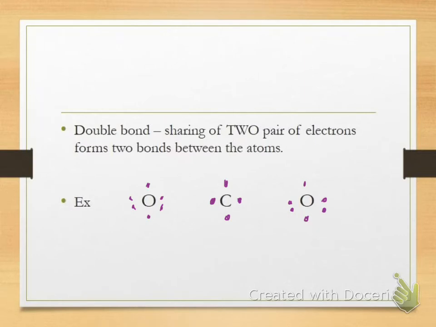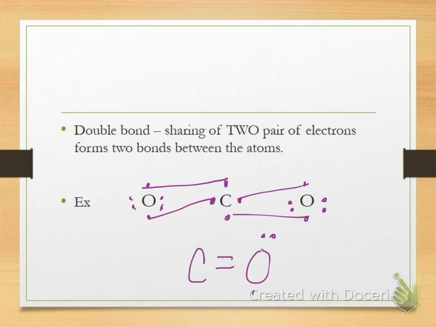Carbon always, except for in the case of carbon monoxide, has to have 4 bonds. It only has 2 oxygens available to bond with it. Luckily, oxygen needs 2 bonds. So what they do is they form a bond here, and then here and here. So that ultimately it looks like this.